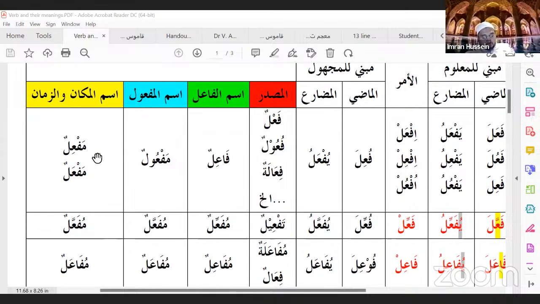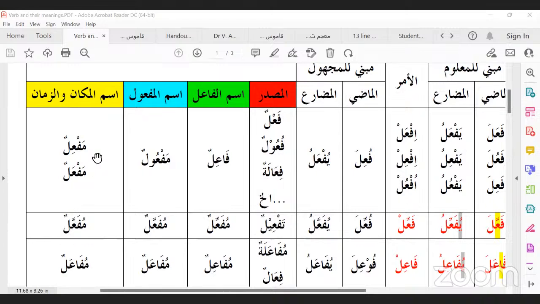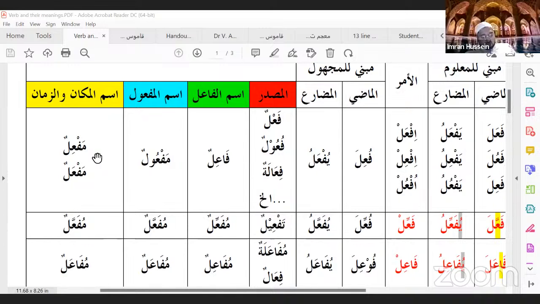And the other example is maqtalun, the battlefield. Maqtal means the place where you have a war. Maqtalun, battlefield.